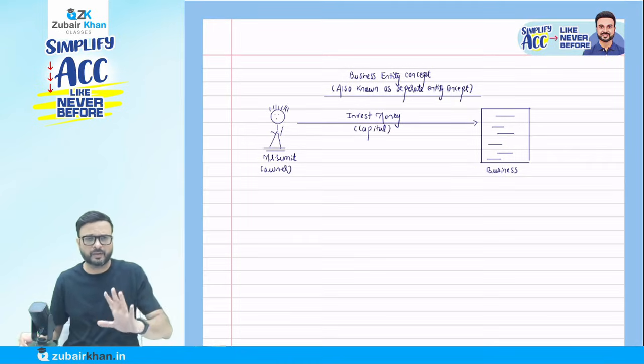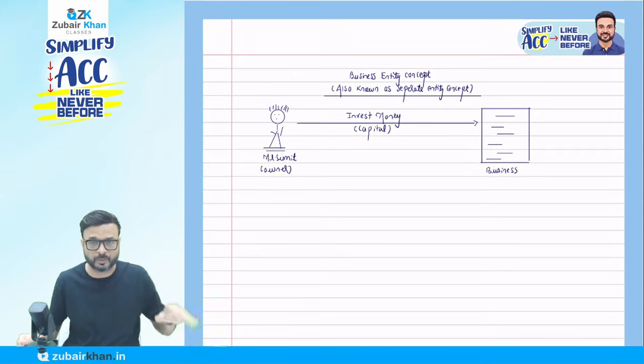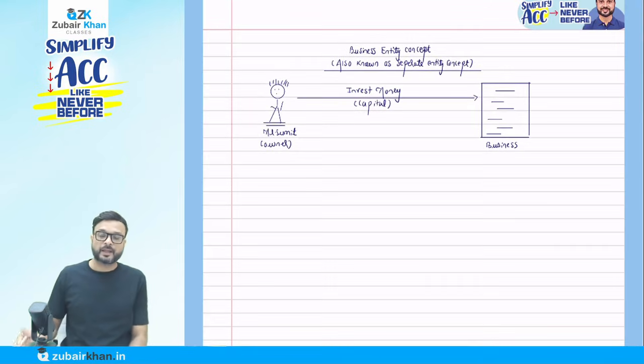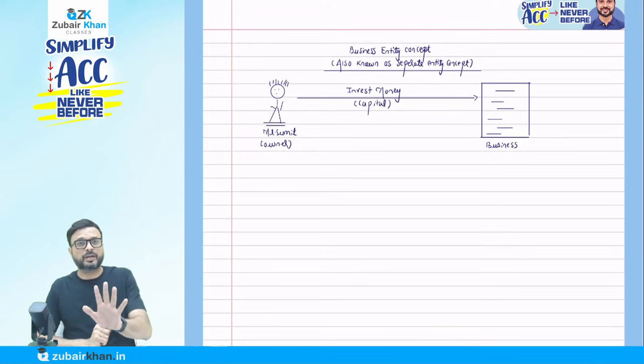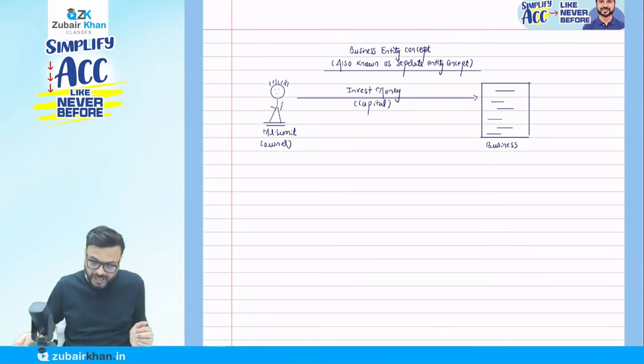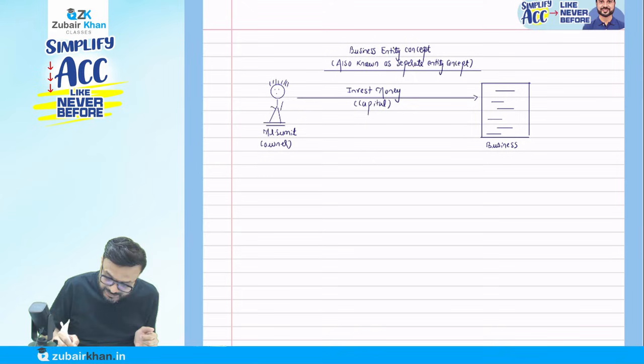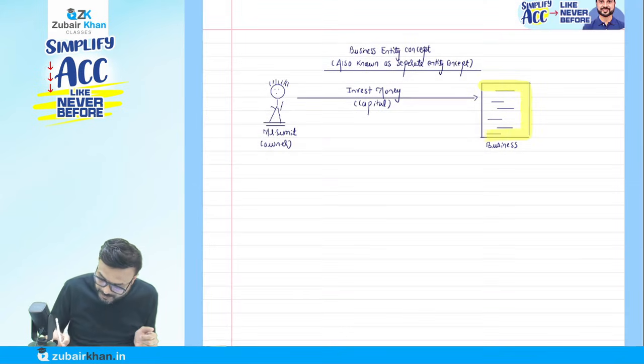We have not yet come to the accounting part. It will take me 2-3 sessions, then I will come to accounting. But I'm giving you one concept, the business entity concept. When we do accounting, we are doing it for the purpose of the business, so we have to think from the business point of view.